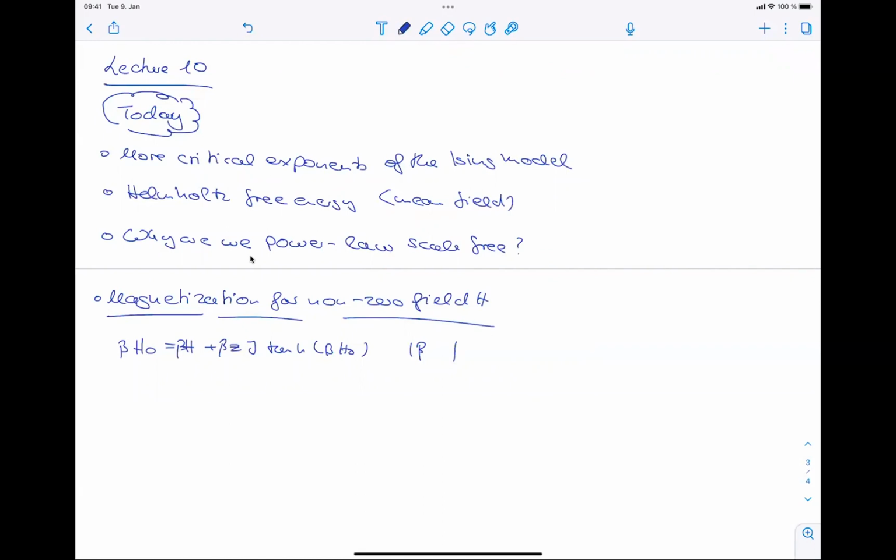And then I can take tanh and remind myself that we had the mean magnetization being given by tanh of beta H naught. So we can see that if we apply the tanh on the left-hand side, we can recover the mean magnetization of the spins.